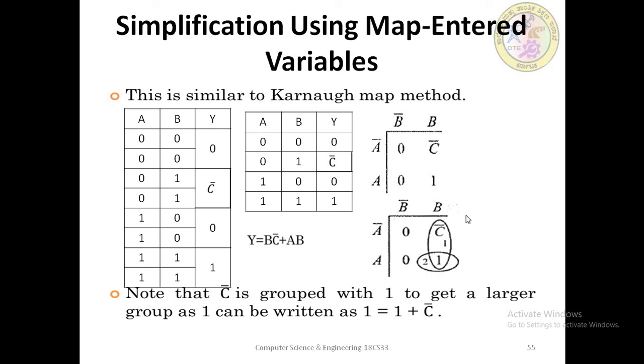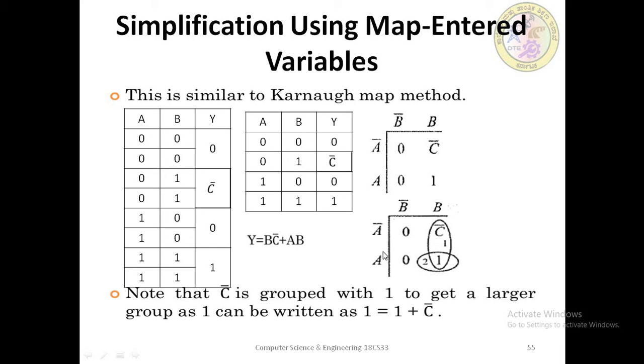So it will be B C bar and AB. We will have this one and this one as a single group, B C bar, and AB.